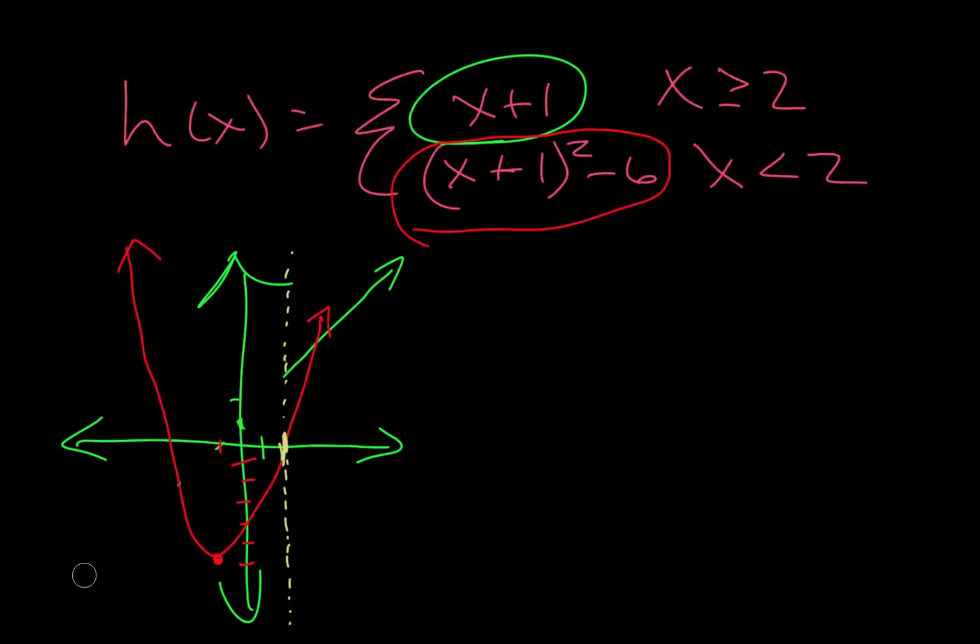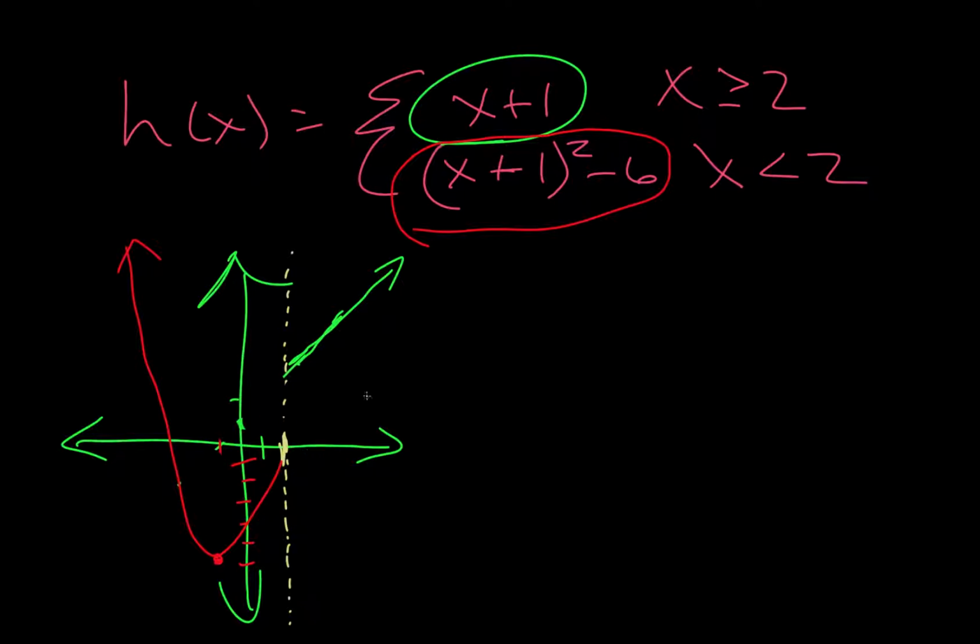Get rid of it like that. And then the red function, similar thinking, everything to the left of our transition point is good, but we will get rid of everything else. Here, I'll just redraw that. I think that's easier.